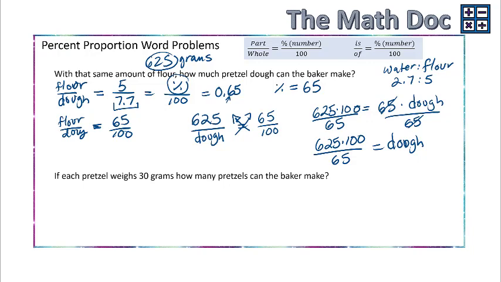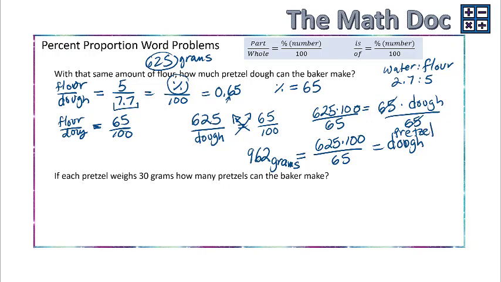Again, let's use our smart calculators. When you do 625 divided by 65, that's a little less than 10, because it's 625, not 650. If we had 650 divided by 65, we would just have 10. So it's less than 10 times 100, so just less than 1,000, and it actually ends up being 962 grams. So that's the amount of dough we can make. We can make 962 grams of pretzel dough.